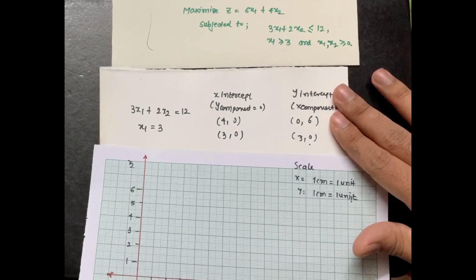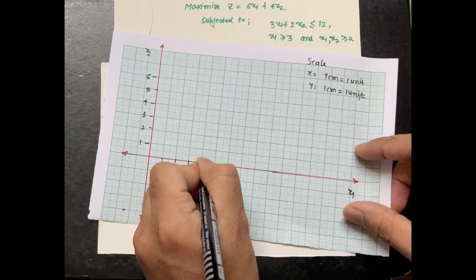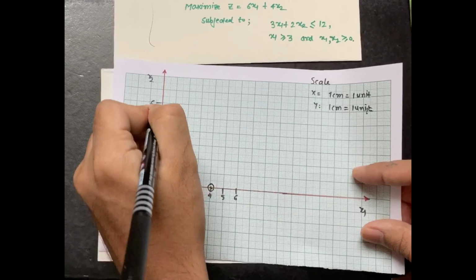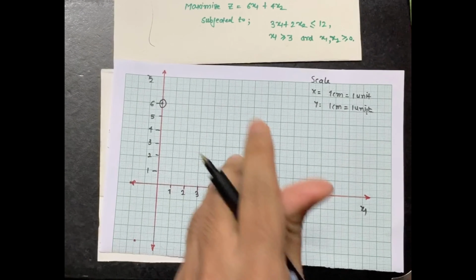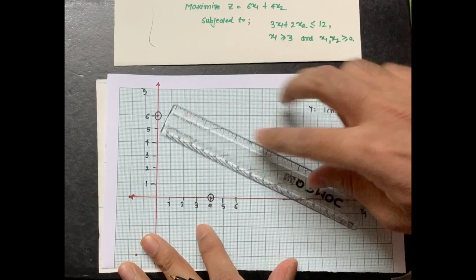For the first line it is 4, 0 and 0, 6. So this is my 4, 0, this is 0, 6. Connect these points.